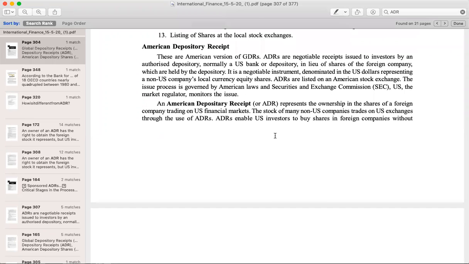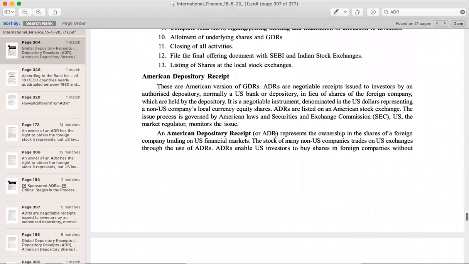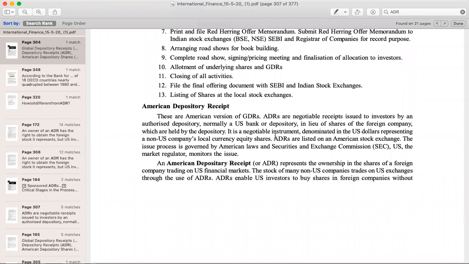We will proceed further. I told you, if the depository receipt is issued in America and the capital is raised, then we call it an American depository receipt. And as I mentioned to you earlier, a depository receipt represents a certain number of equity shares.